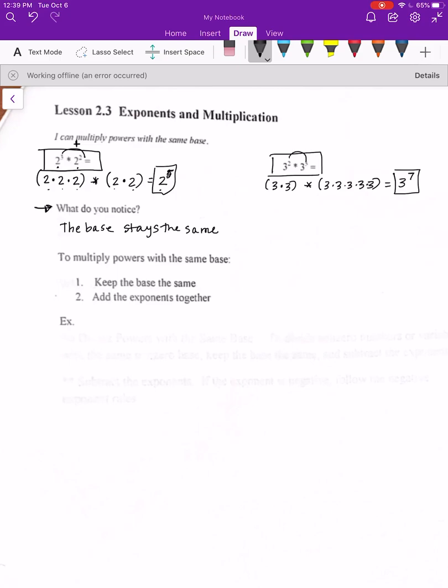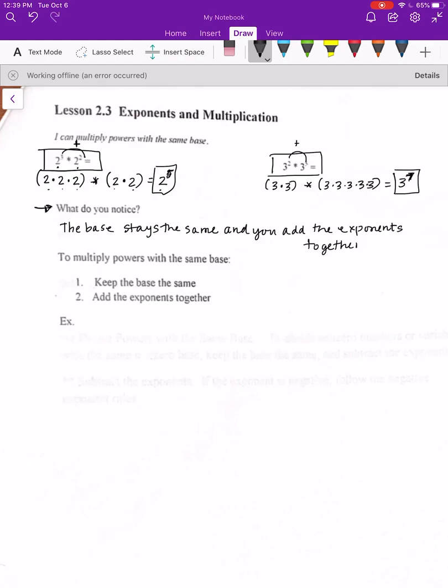Or if you added 5 plus 2, you got the 7 right here? Hopefully you did, because that's kind of the rule. The base stays the same and you add the exponents together.